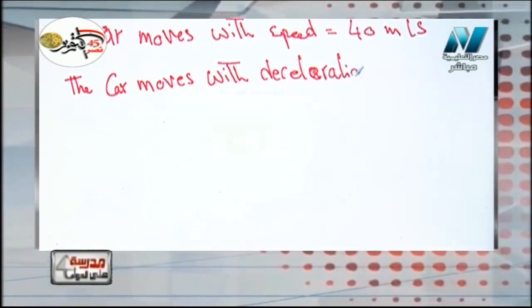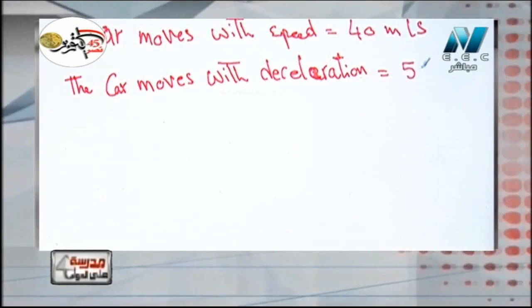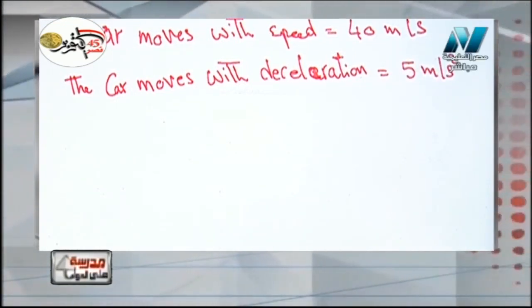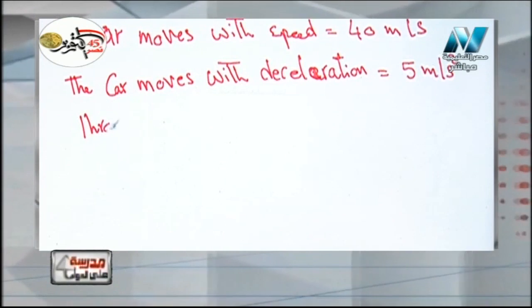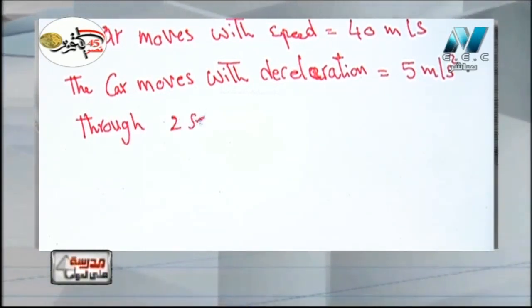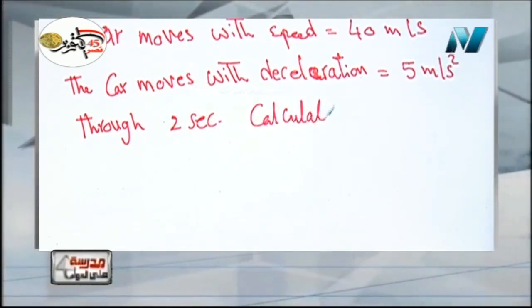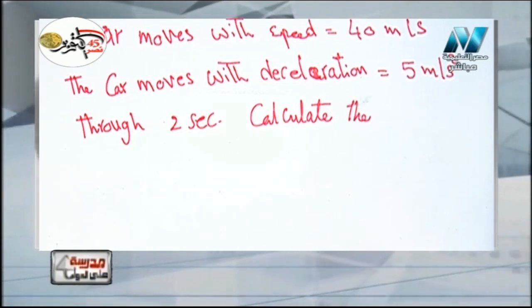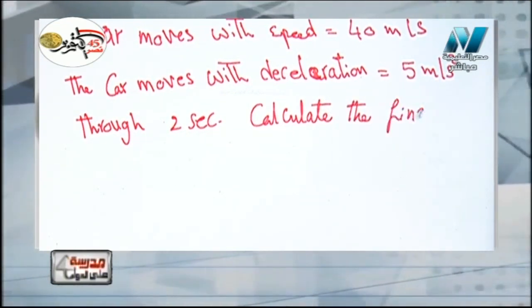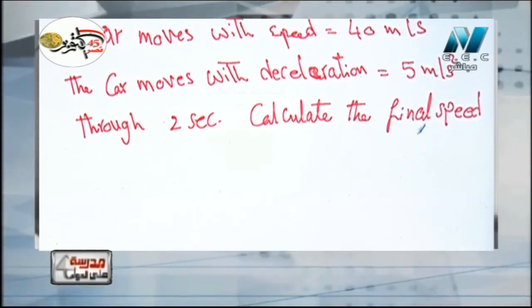Deceleration equal 5 meter per second power 2 through 2 seconds. Calculate the final speed. Here we have to calculate the final speed.